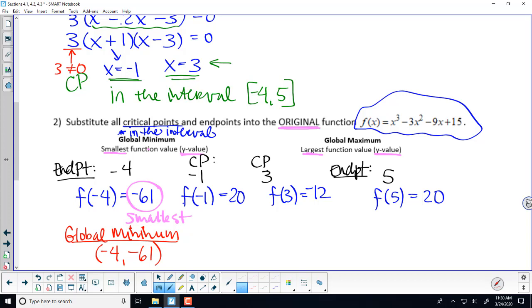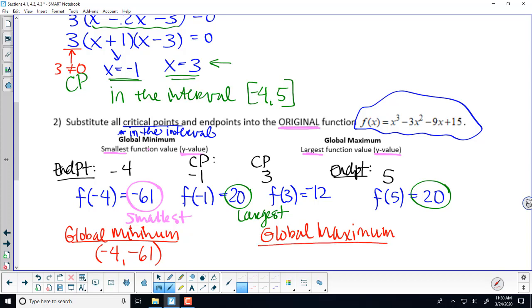So if I look at that part of the graph, that's going to be the lowest point. Maximum. Well, what have I got going here? 20 and 20. So here I have two places where I have the largest y value. That means I have two global maximum points.